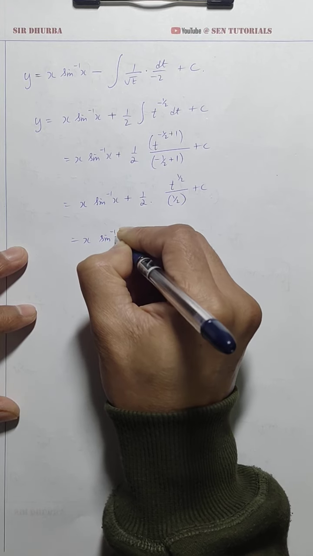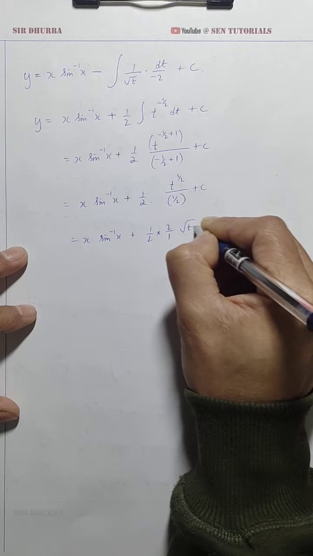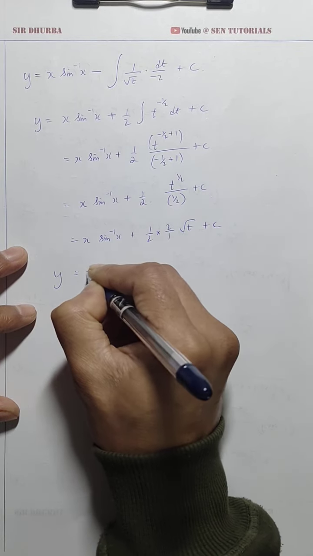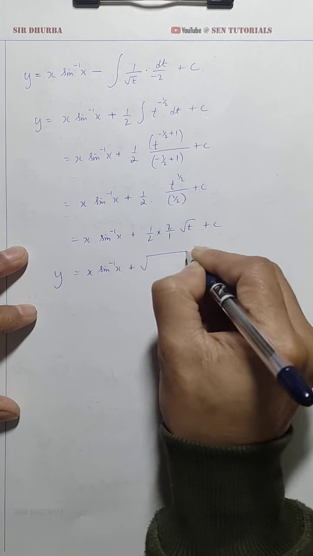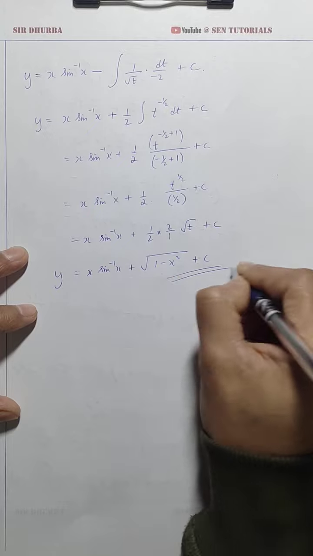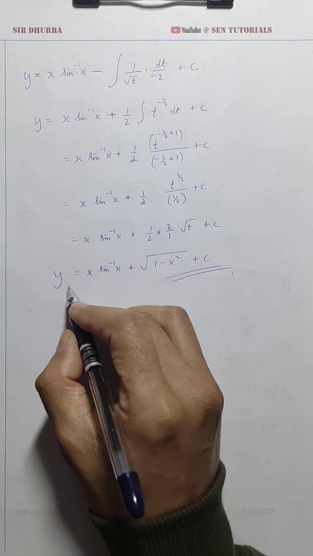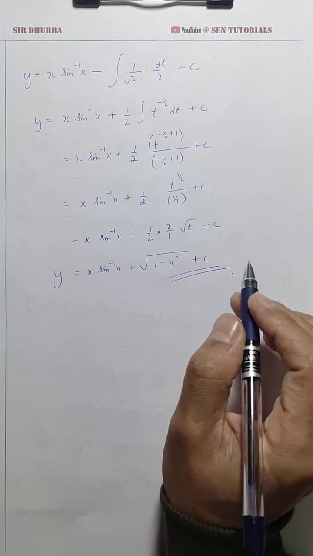I'm writing all the steps. You can reduce the steps if you wish. So 2 by 1 root of t plus c. So y equals x sine inverse x, the 2 cancels, root of t. t was 1 minus x square, plus c. Job done. That's y equals x sine inverse x plus root of 1 minus x square plus c.